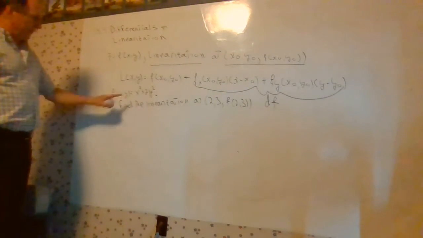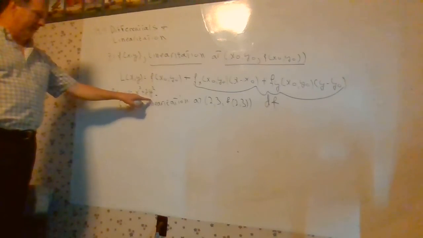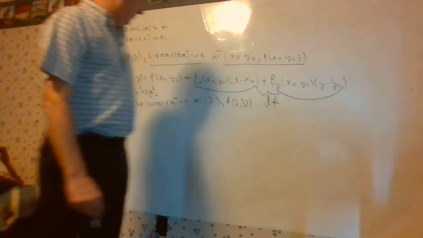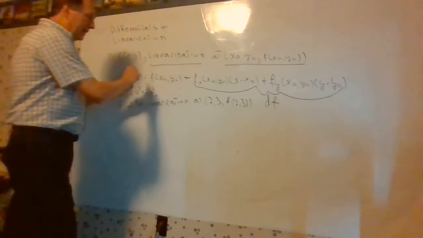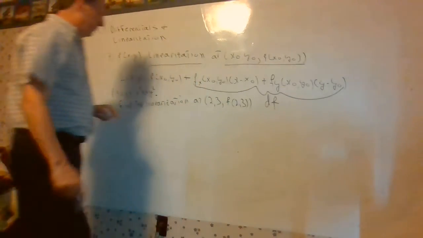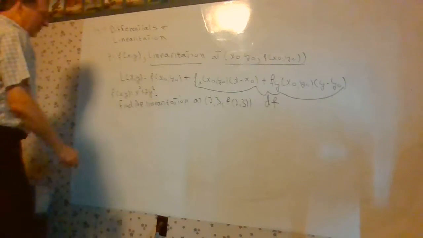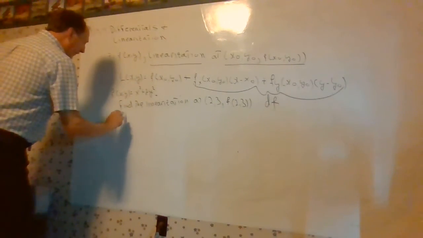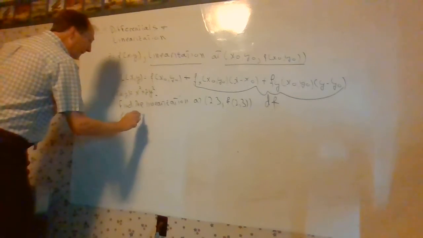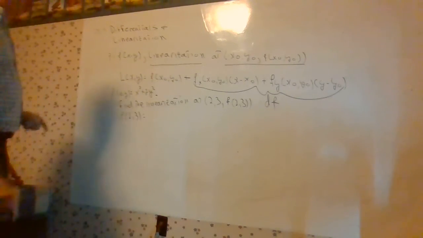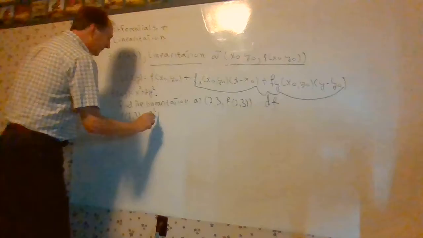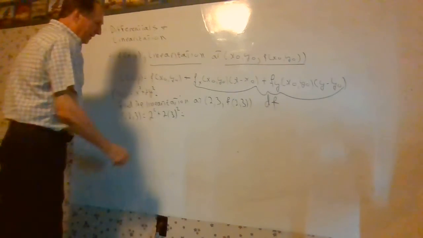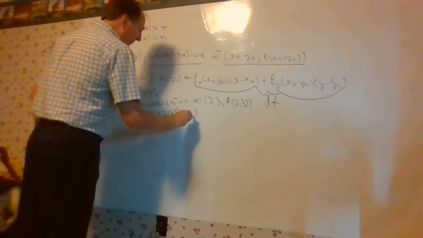So let's return to this elliptic paraboloid. Let's see if we can find the linearization at 2, 3, f of 2, 3. We need to simply plug into this formula, and the answer is going to be a function. Well, first of all, we need f of 2, 3 here. f of 2, 3 is simply 2 squared plus 2 times 3 squared, that's 4 plus 18, that's 22.